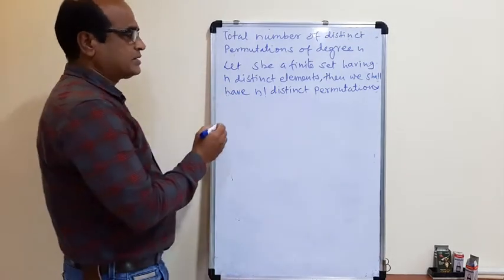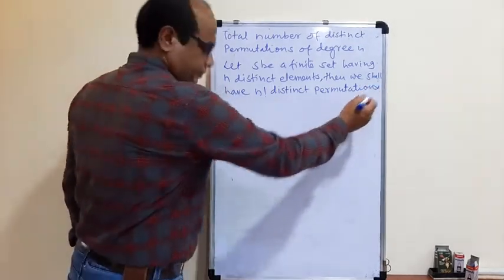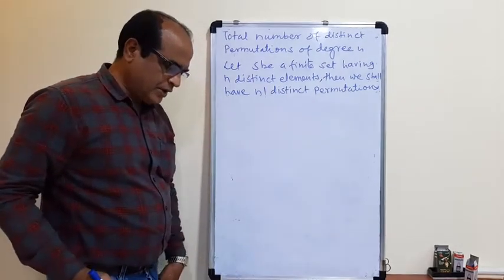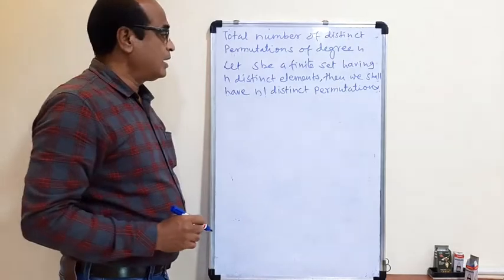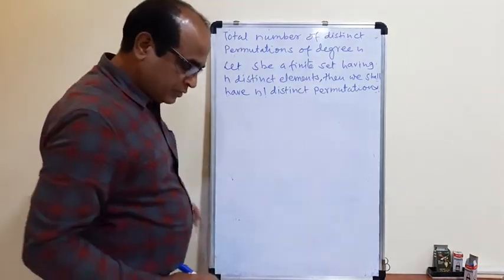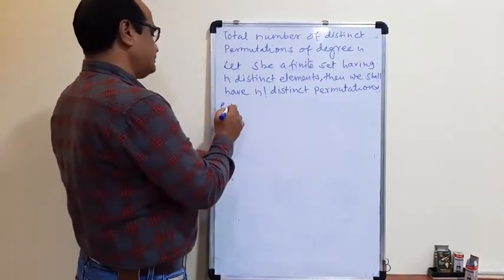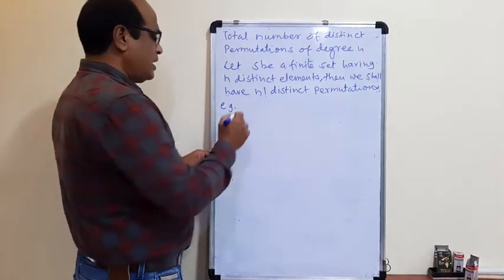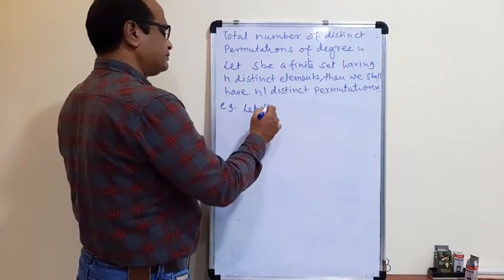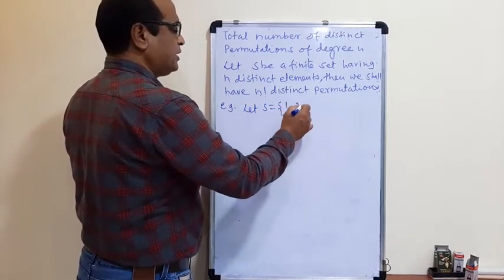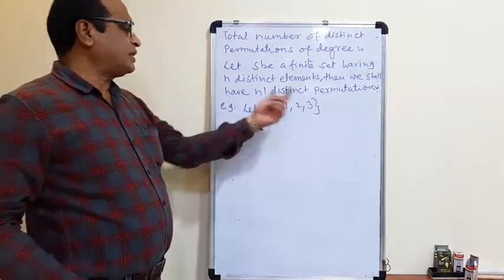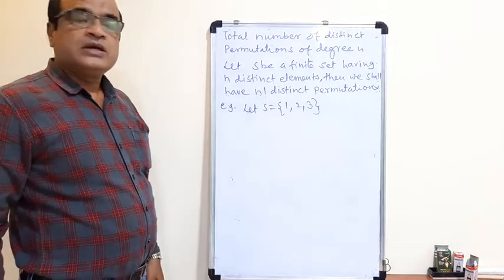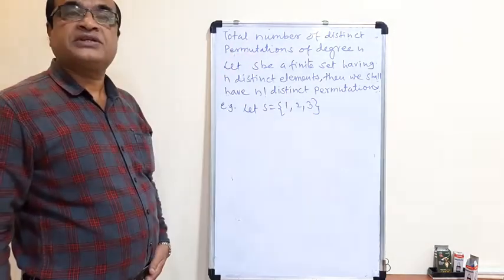So we take an example. So there will be n factorial distinct permutations. For example, let S be equal to {1, 2, 3}. There are three distinct elements. So how many possible permutations are there?